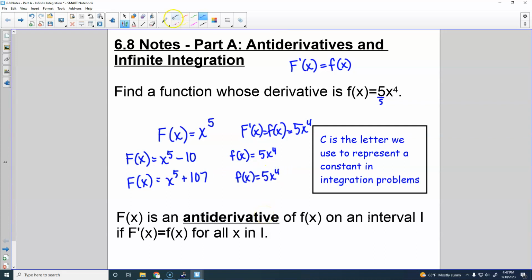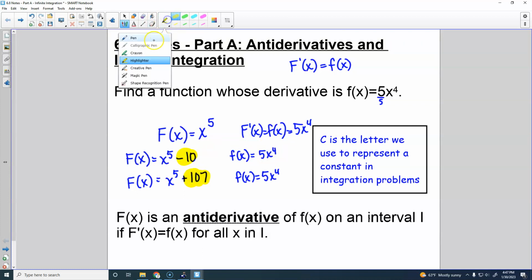So basically, you should be seeing here that I can add or subtract any number that I would like onto the end of this. As long as it's just a constant, it's still going to give us the same derivative of 5x to the fourth.